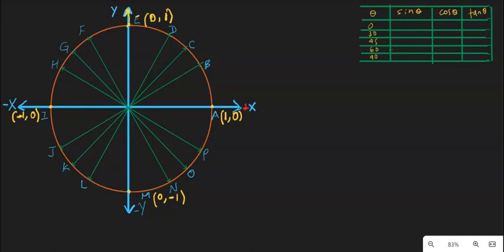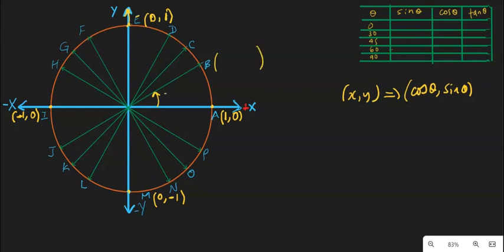So xy coordinates are always considered as cosine of theta and sine of theta. So point B is a value of angle theta here, cosine of theta and sine of theta.